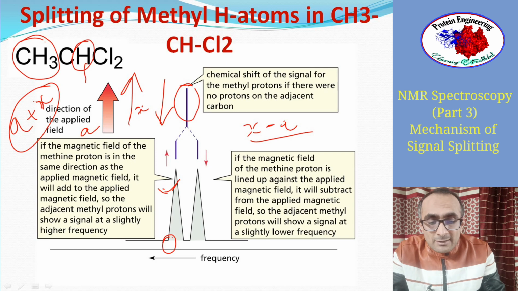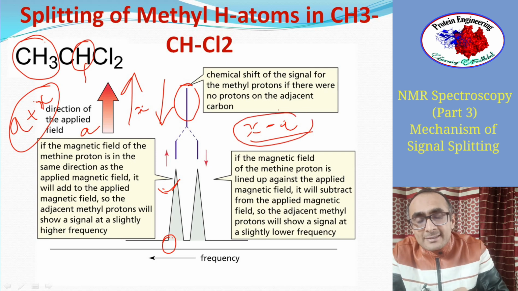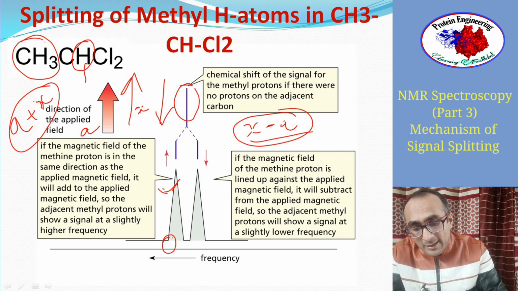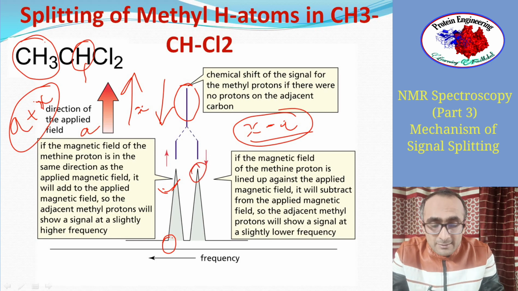It means the net magnetic field felt by the CH3 protons in this situation would be slightly less, and hence they will absorb lower frequency in order to resonate in NMR spectroscopy. And you get another peak here which is slightly upfield. The difference between them is very little.